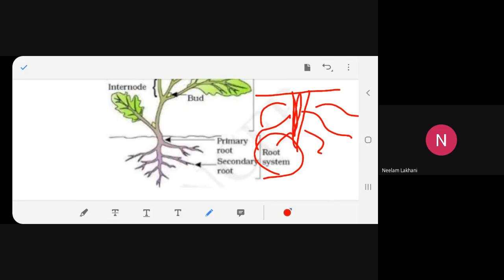So the root system has a primary root, and the primary root gives rise to secondary roots. Any problem? Okay.